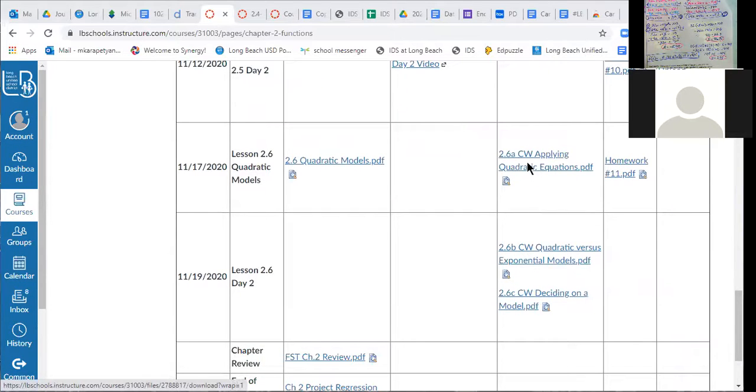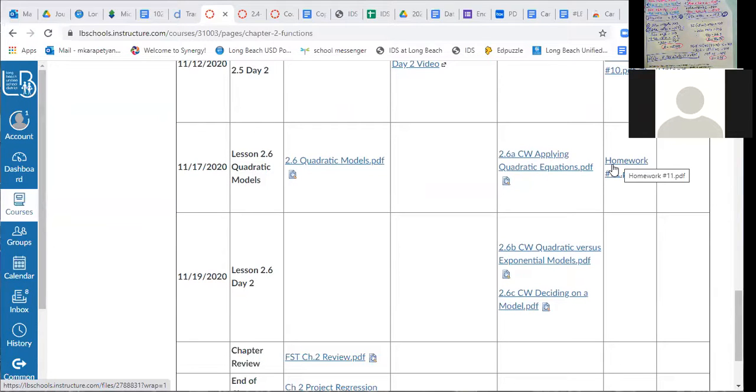You guys do have the applying quadratic functions, and then you also have the getting to know quadratics, homework 11. I'm going to have you guys do your homework 11.